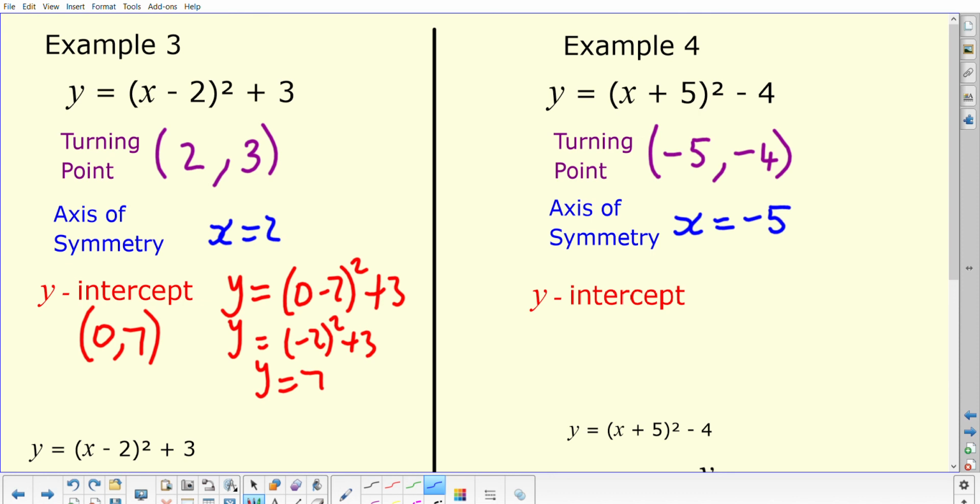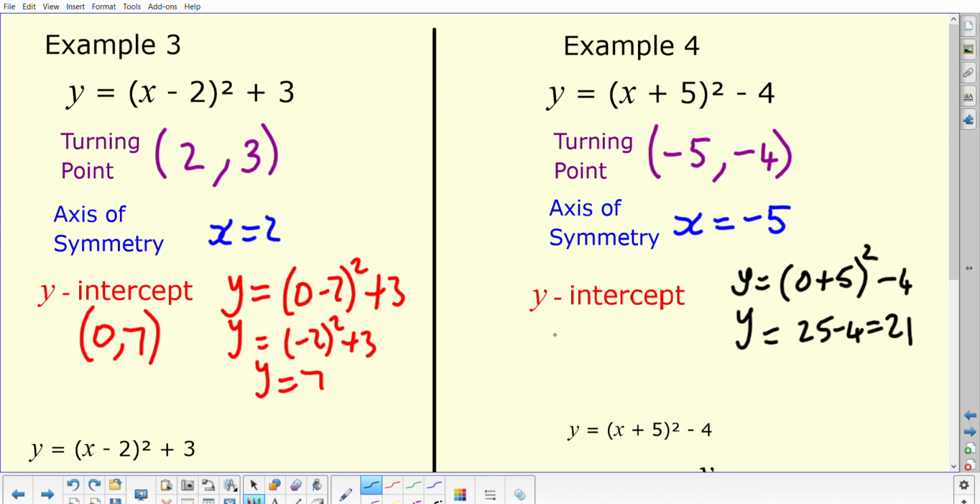Your y-intercept will simply be subbing in 0, so we get nothing plus 5 all squared, and we have -4. So in the brackets, 5 squared gives me 25, take away 4 gives me 21. So my y-intercept is the point 0, 21.